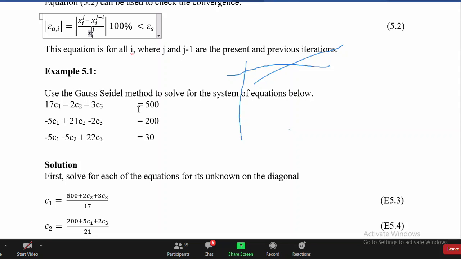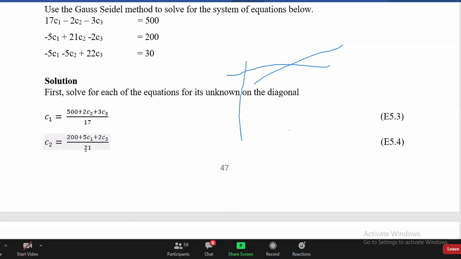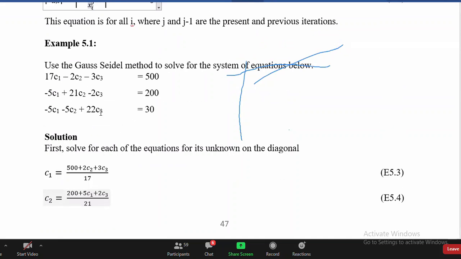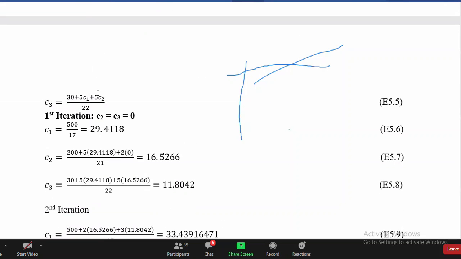So the first equation, we make c1 the subject of c2, c3. That's what we have here, 5.3. And this one we make c2 the subject of c1, c3, and 200. That's what we have here. Then c3, we do the same thing: c3 the subject of c1, c2, and 30. That's what we have here.